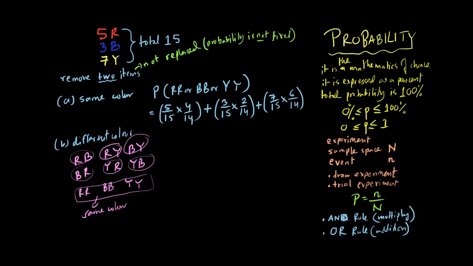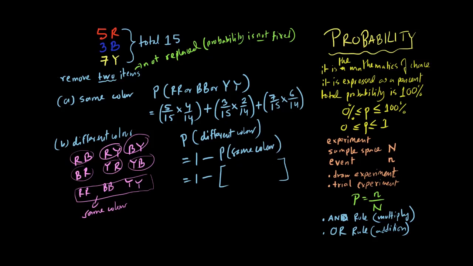So for doing this particular math, we can use the not rule. That means different color, we can think of that as not same color. That means 1 minus the probability of same color. So that means 1 minus whatever probability we calculated from the previous math.